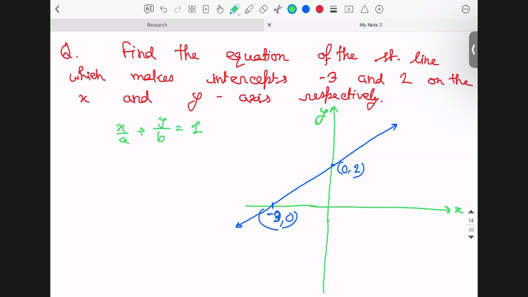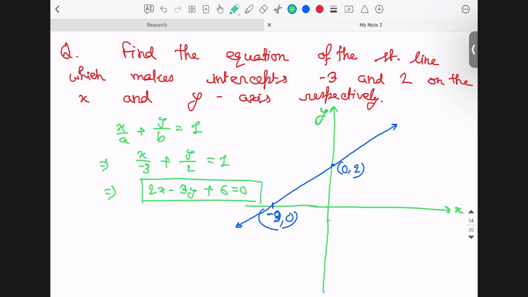So if I put this in, what I will get is x by -3 plus y by 2 equals 1. Ultimately it will give us 2x minus 3y plus 6 equals 0. You just need to do the required calculations.